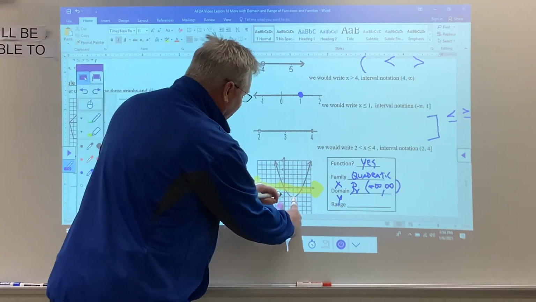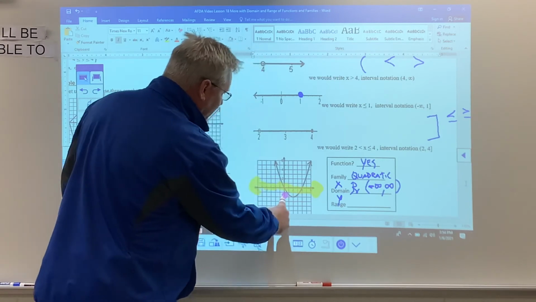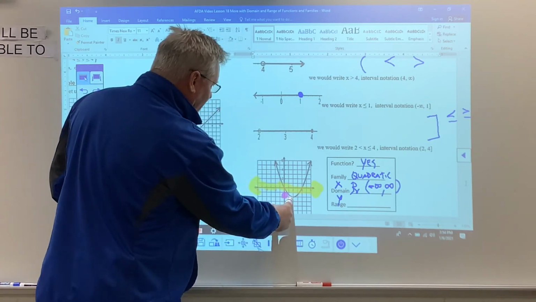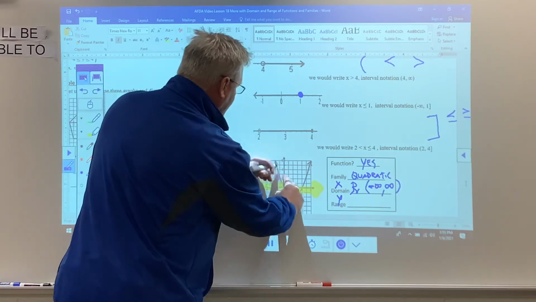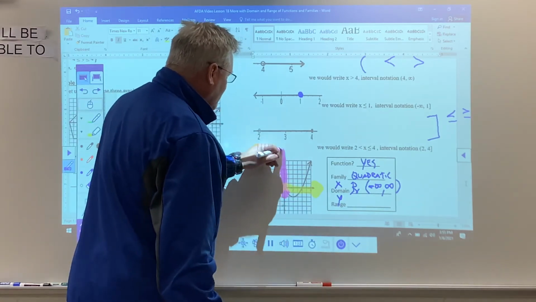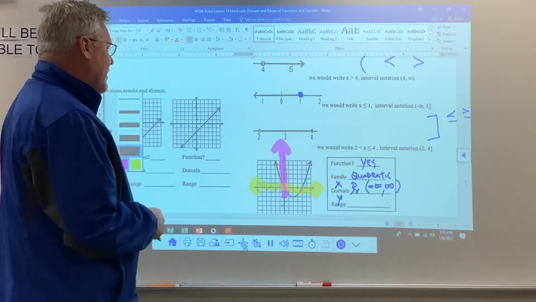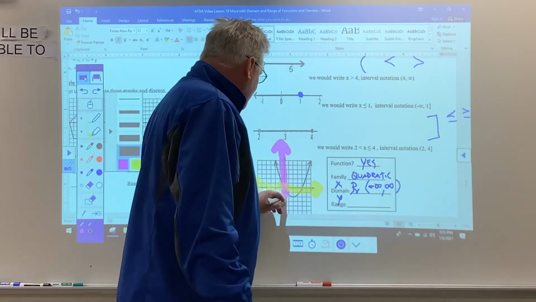Now, let's talk about the range, which is our y values. Looks like they start right about here. Everybody agree down there at -2? And they start going up from there. So if I was just going to draw on the y-axis to represent those values, that's what I'd have there.